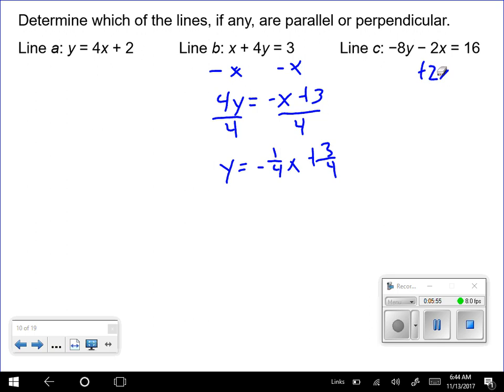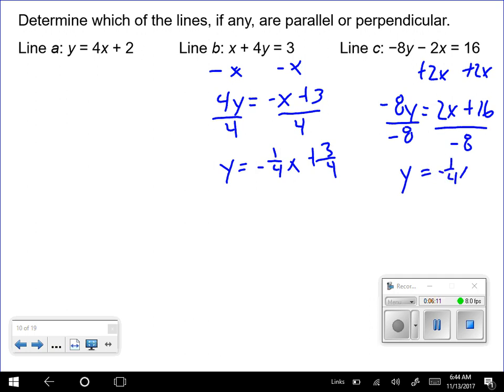I can add 2x, get negative 8y equals 2x plus 16, and then divide by negative 8. Separate those parts out. 2/8 is the same as negative 1/4 x, and then minus 16 over 8, or minus 2. So then you can look at your slopes and see if they're parallel or perpendicular.